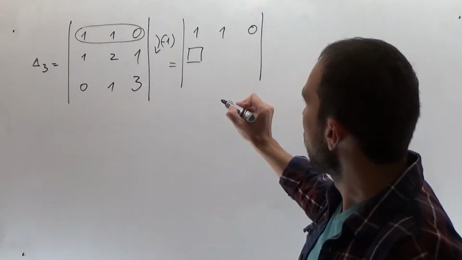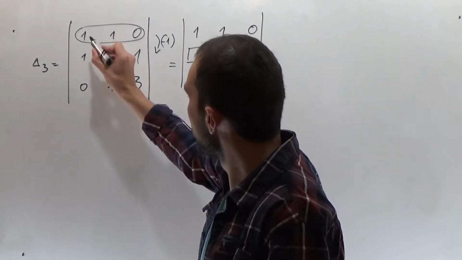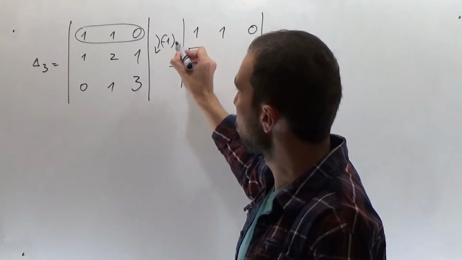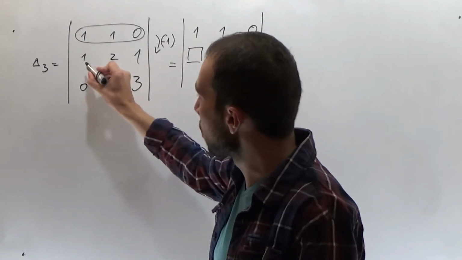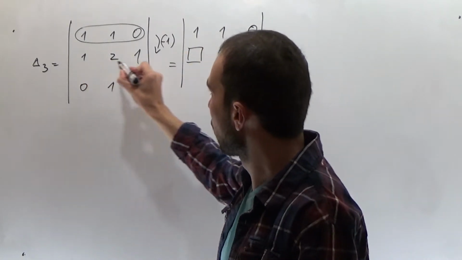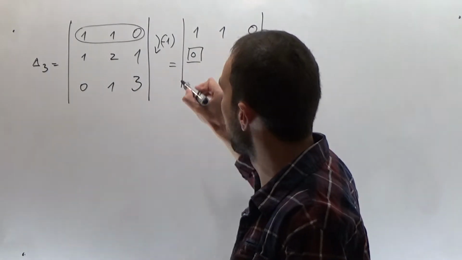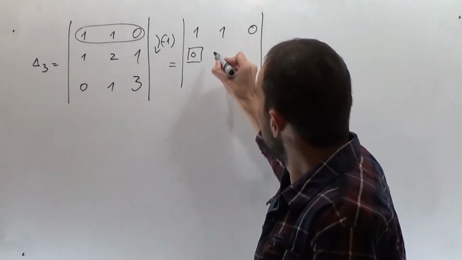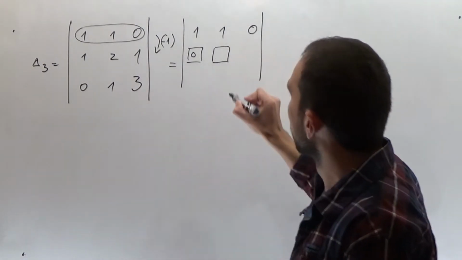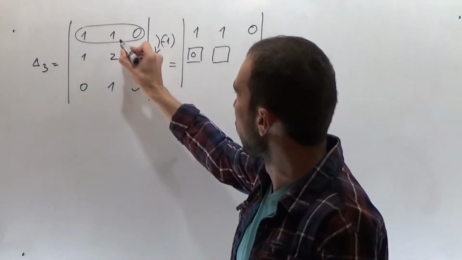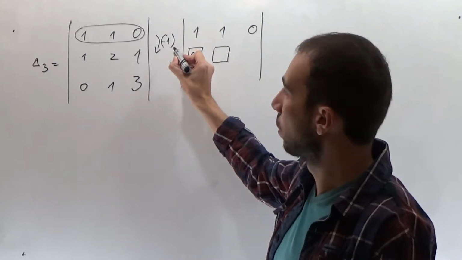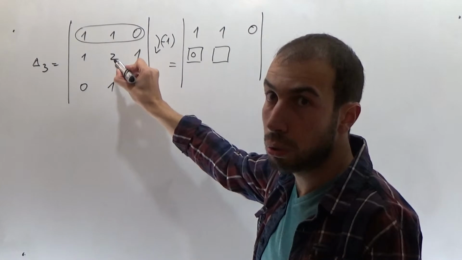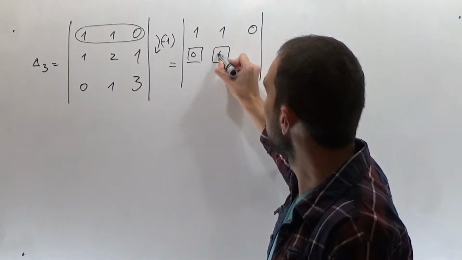Here the first element is 1 multiplied by -1, which is -1, plus 1, which is 0. Second element here is 1 multiplied by -1, which is -1, plus 2, which is 1.